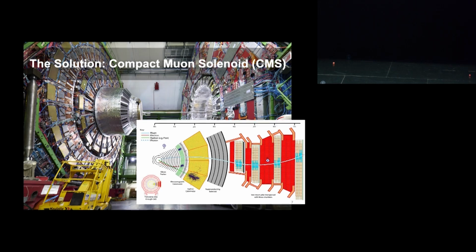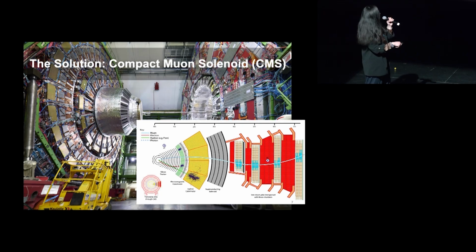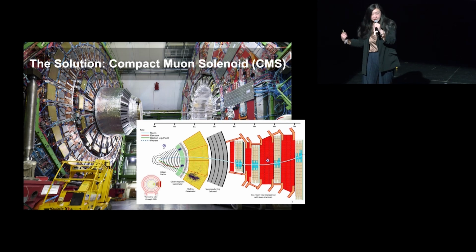Then we have the electromagnetic calorimeter, because the tracker cannot record things like photons, like light. So the electromagnetic calorimeter captures the energy of photons and electrons. And then we have the hadronic calorimeter to record what we call hadrons, for example protons and neutrons, which are all kinds of hadrons.